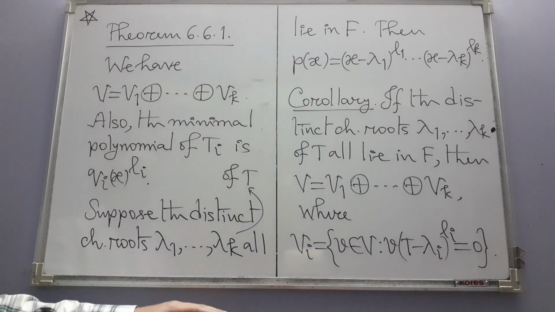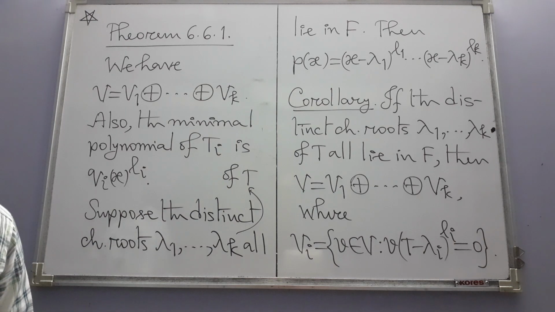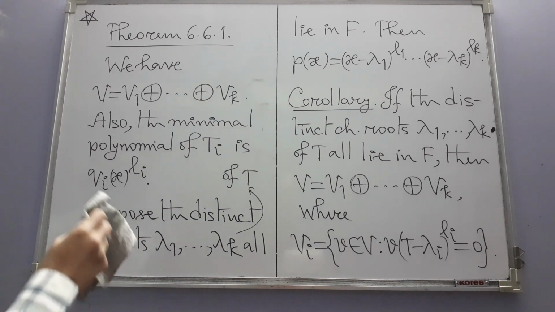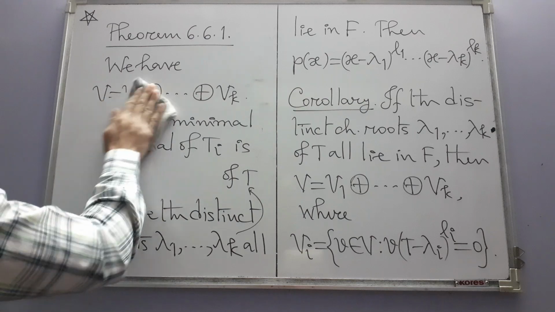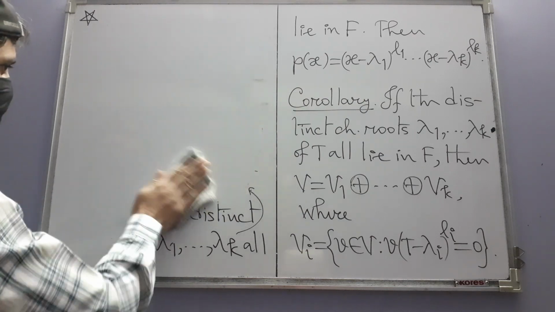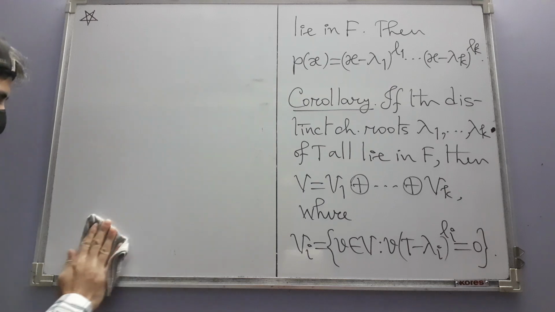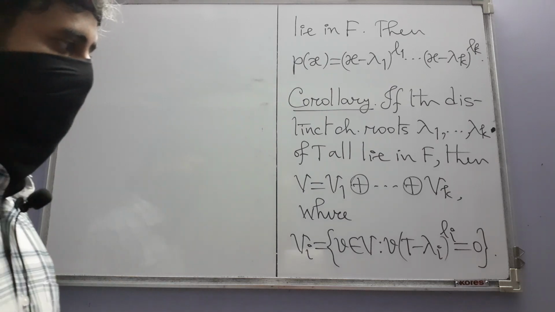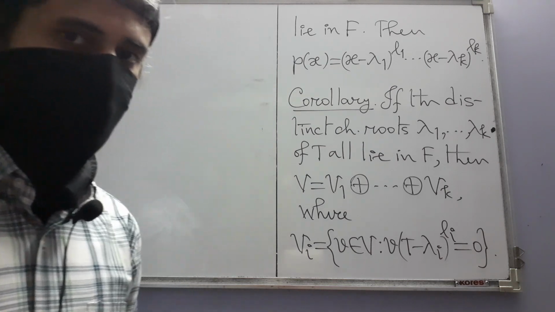So that's just one part, and now what about this second part? The second part in the general theorem says what the minimal polynomial of those induced operators T_i are. So now they will also be special.